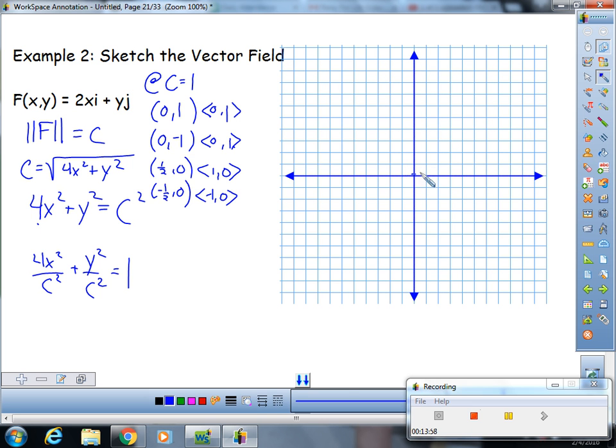Same thing, we're going to have all these be a unit. Okay, so at the point 0, 1, we get the vector 0, 1. At the point 1/2 comma 0, we get that same vector, right?